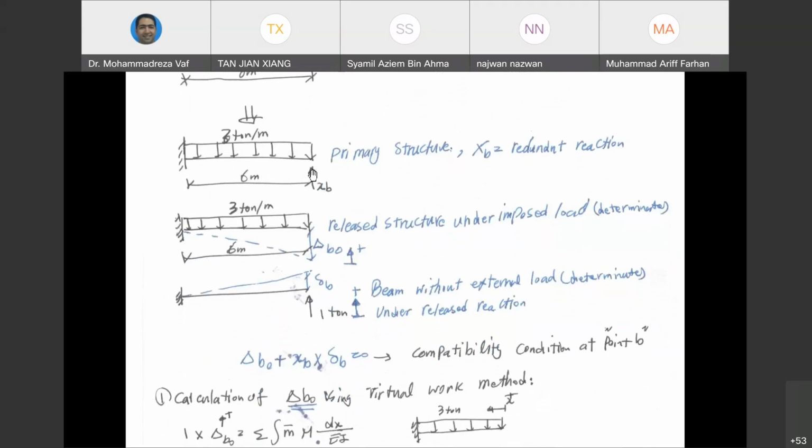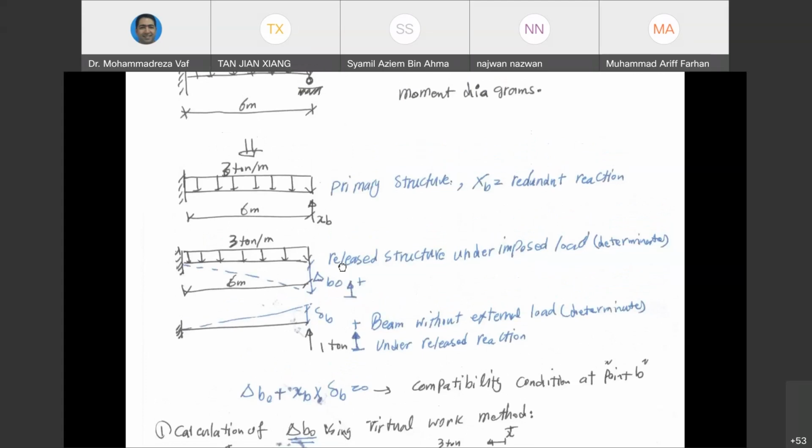But since we have removed XP, we have deflection, we call it delta BO. And in order to deal with this delta BO, we need another structure that can push the structure up to its original condition. And we can write down the compatibility condition such that these two become similar. But since we don't know how much is this force exactly to make delta B equal to delta BO, we assume it to be X. So X multiplied by delta B plus delta BO should equal to basically 0 because we don't have any deflection in our real structure.